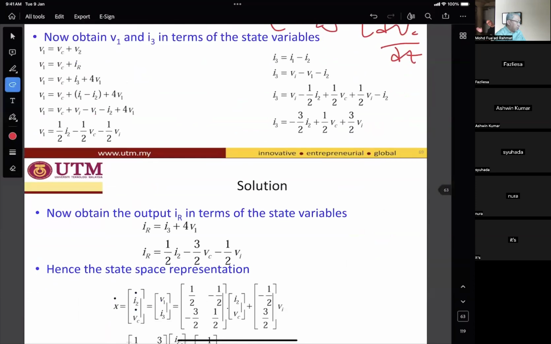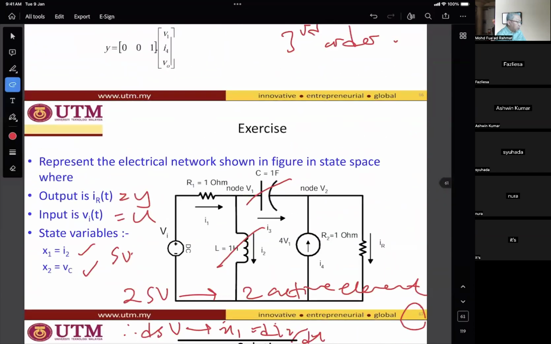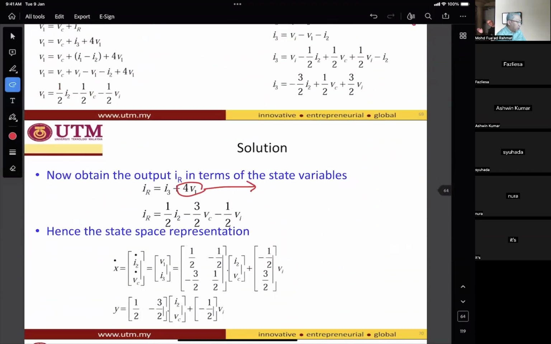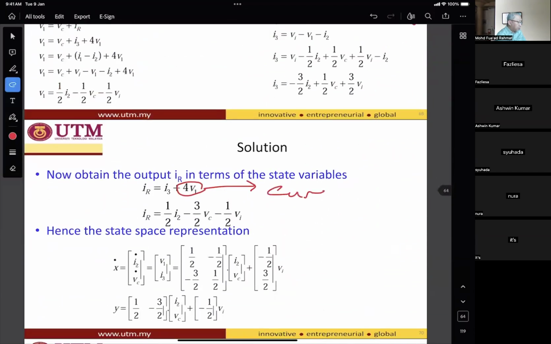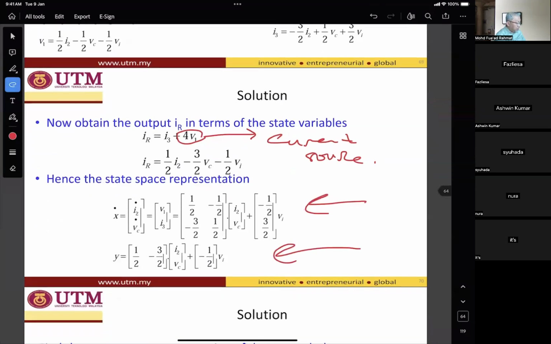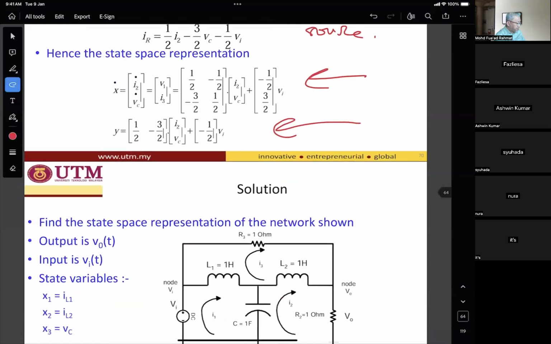And the output is IR. In terms of the state variables, it will be I3 plus 4V1. And this one is the current source, if I'm not mistaken. Replace with the state variables items and then simplify, you will get the state space representations.